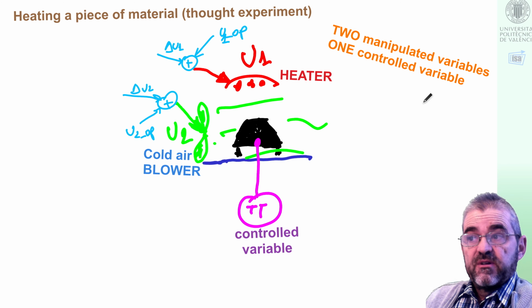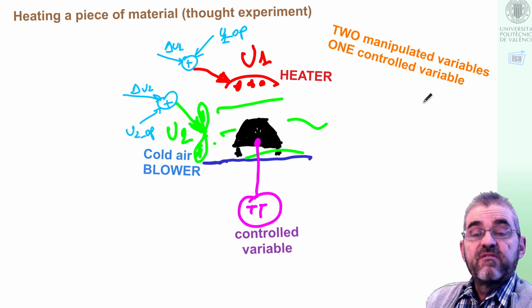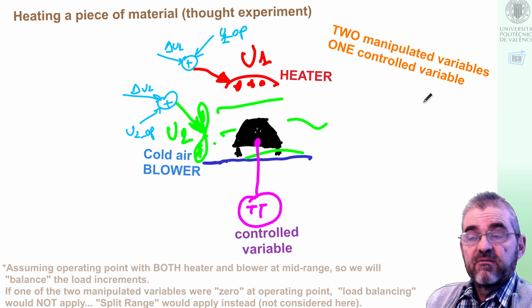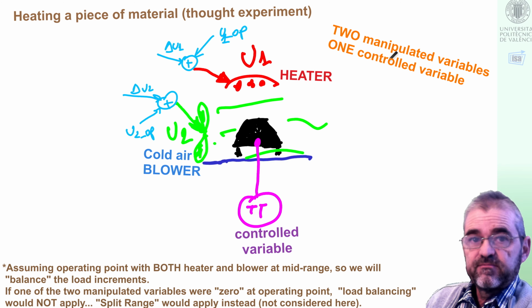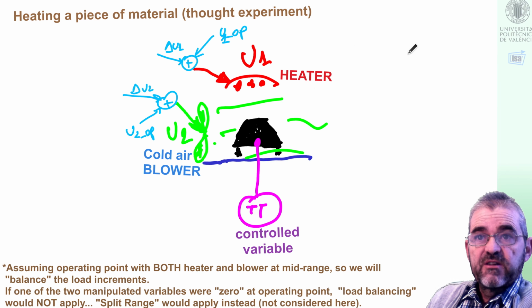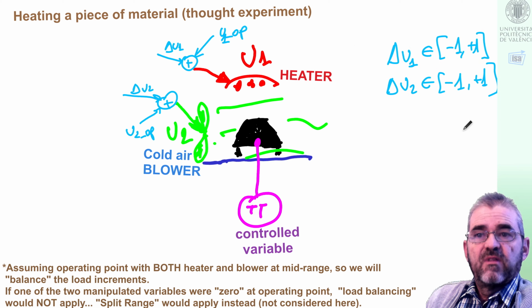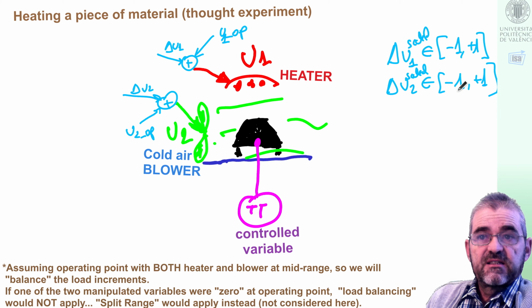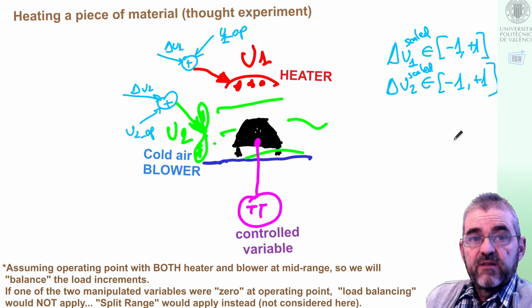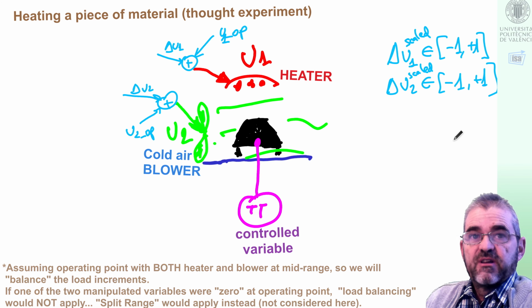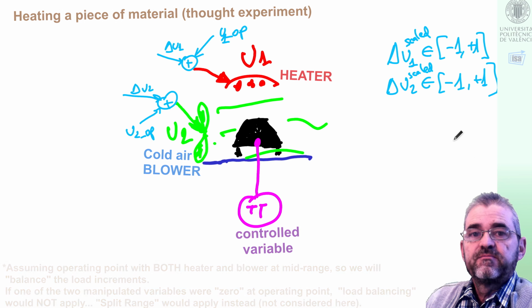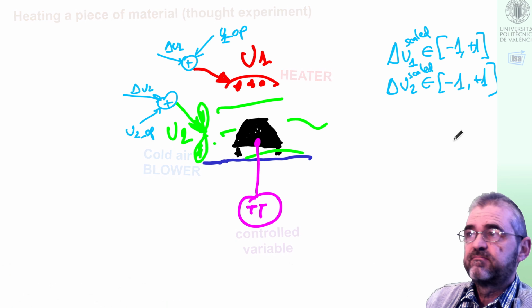We will assume that we have an operating point, say around 50% of the operating range of these actuators, and that we will make some scalings so the allowed increments in scaled units will be plus minus 1. Of course, if we have a highly asymmetric interval of feasible increments, then this analysis may not be accurate. But okay, linearization assumes symmetric behavior up and down, then we'll stick to that.